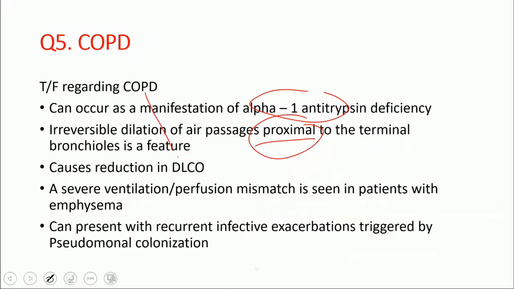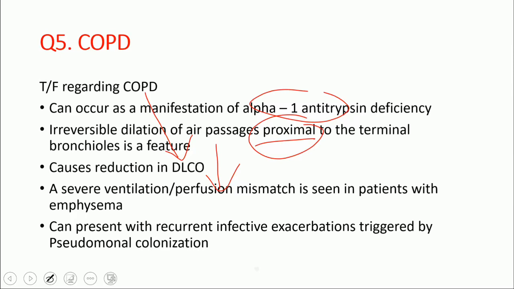COPD, can it give rise to a reduction in the DLCO? DLCO measures the diffusion of gas across the alveolar capillary membrane. In emphysema, the alveolar wall is destroyed. So in emphysema, you can have a reduced DLCO. Right?